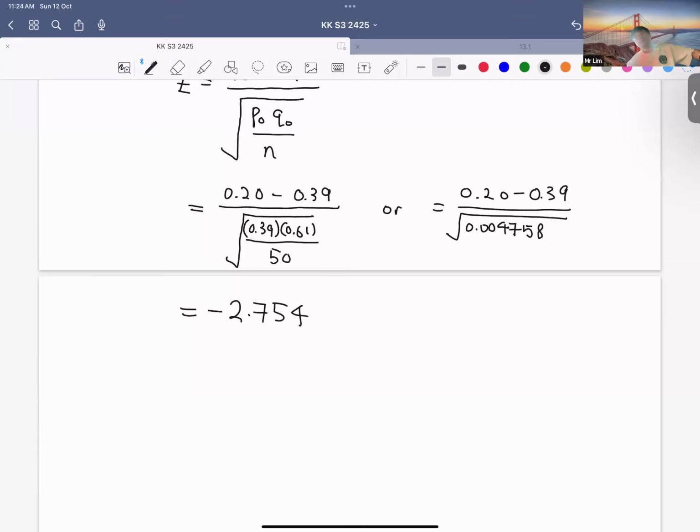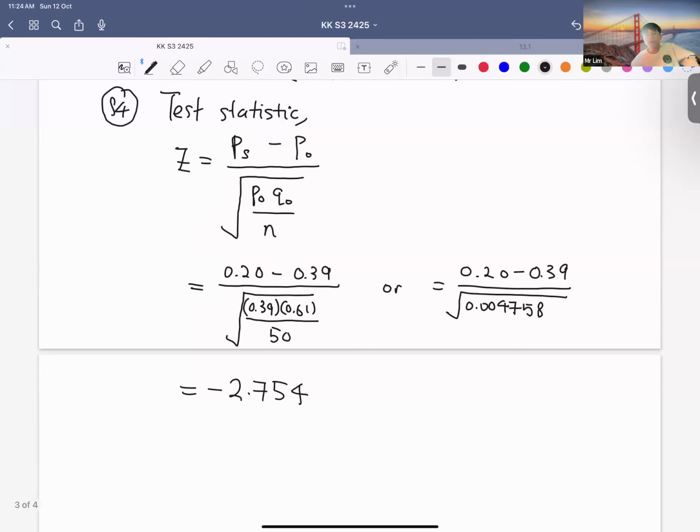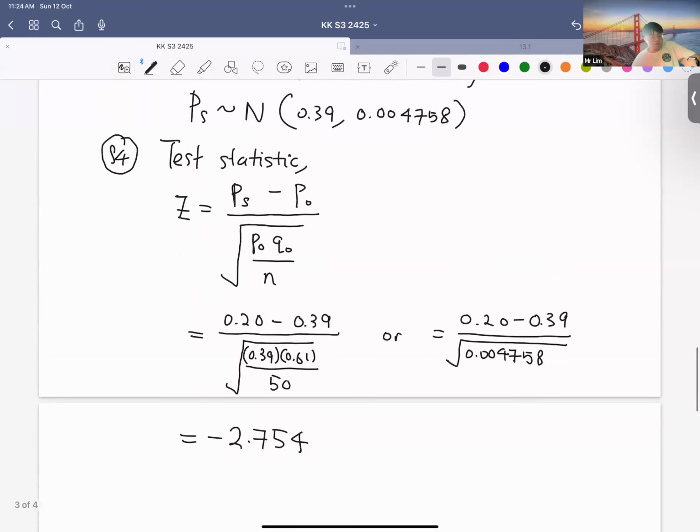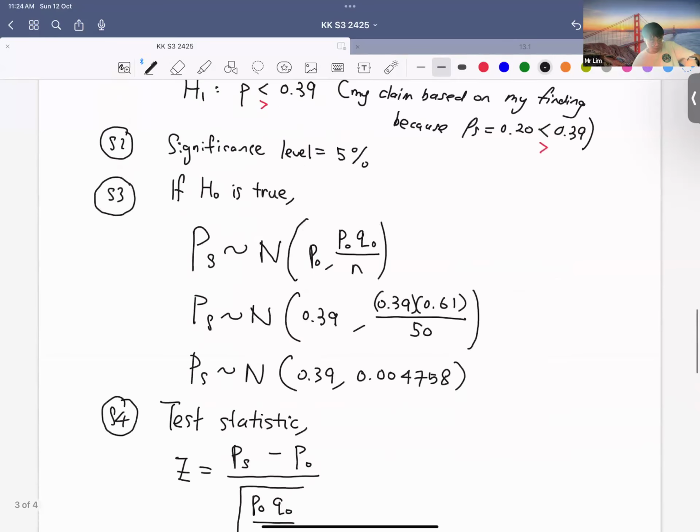In my case, I get this, where you round off to 3 dp. If you want to give more, it is okay. You give 4 dp, that's more accurate. But we just need to compare only.